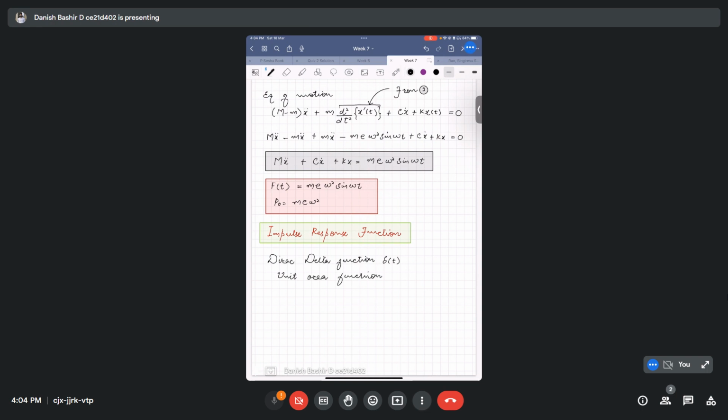For example, we are having x-axis like this, and we are having a function that's covering the area like this. Okay, so we draw y-axis to this.